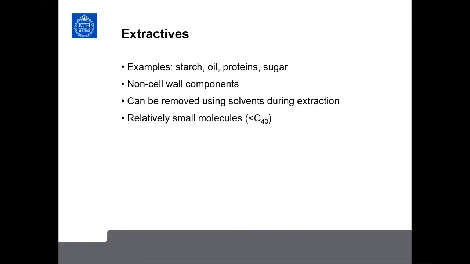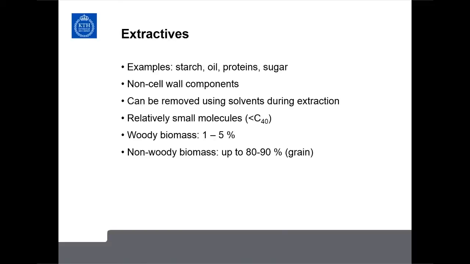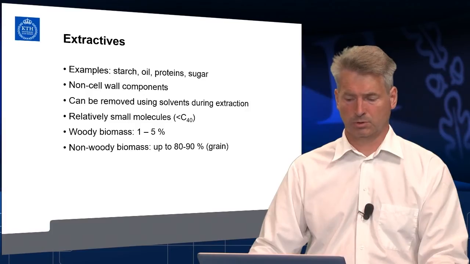These molecules are relatively small, with no more than 40 carbons in the molecules. Woody biomass has a content of only 1 to 5% of these extractives, while non-woody biomass has up to 80 to 90%, as for example grain.